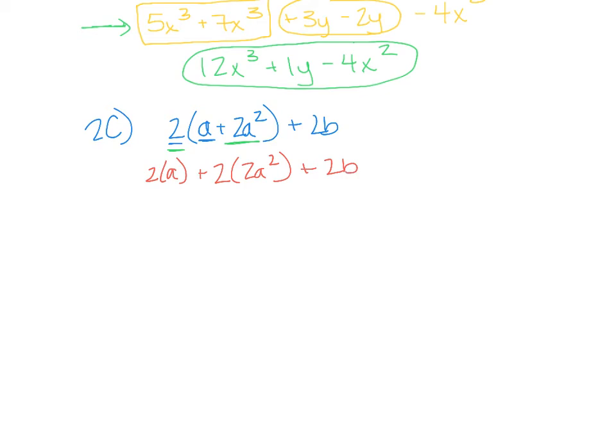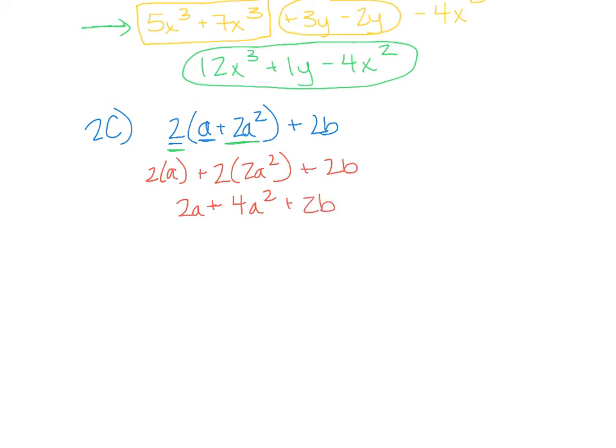Now I need to multiply 2 times a, and when you multiply 2 times a variable, it's just 2a. Plus, now I have to multiply 2 times 2, and I get 4a squared plus 2b.